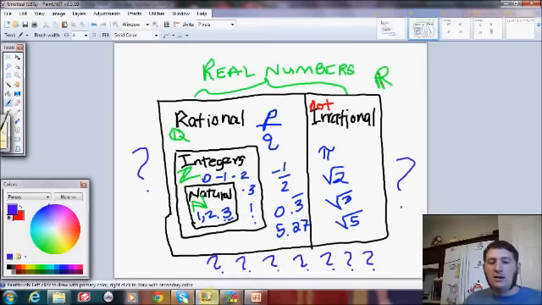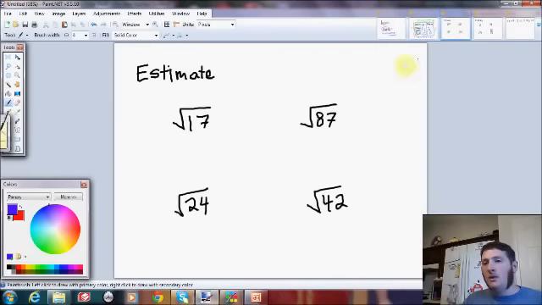Let's look at some of the example problems on the bottom of the page. One of the things I want you to be able to do is estimate irrational numbers, and I don't want you to have to do anything on a calculator. So don't touch a calculator and try to estimate a value for the square root of 16.